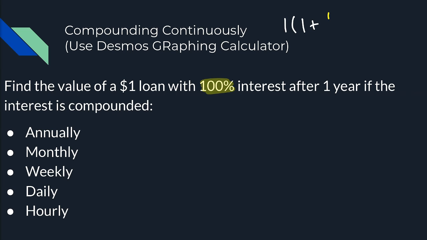That's 1 over n, and the n is going to be whichever of these you're looking at. So annually, n would be 1. And then this is going to be n times t. And I also want to show that this $1 loan, that is this one right there. All right, so I'm gonna give you just a couple minutes to do this with the Desmos calculator, and I can put the link to the Desmos calculator in the chat.